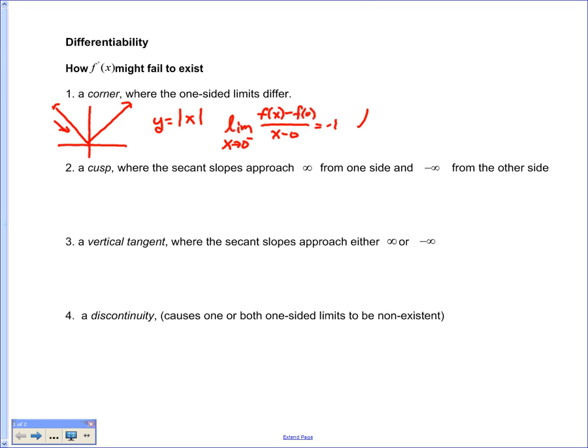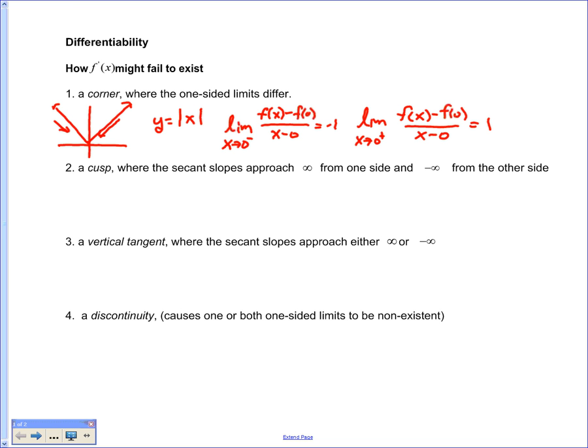The limit as x approaches 0 from the right of our difference quotient, f of x minus f of 0 over x minus 0, is equal to 1 as we move closer to 0 along the right side of the graph. The slopes of the tangents are 1.